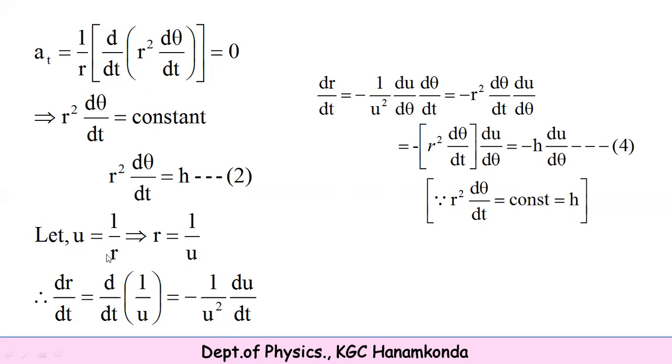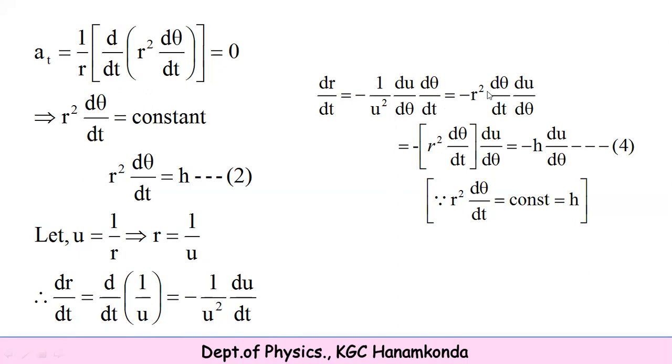So we started with u equals 1 by r and r equals 1 by u, and differentiating with respect to time, dr by dt equals d by dt of 1 by u, and the differentiation of 1 by u is minus 1 by u square into du by dt. Here we are dividing with d theta and multiplying with d theta. Then we got minus 1 by u square into du by d theta into d theta by dt.